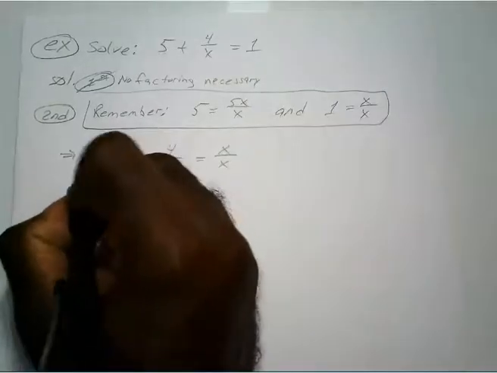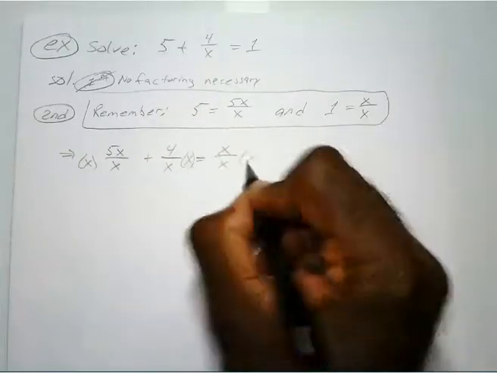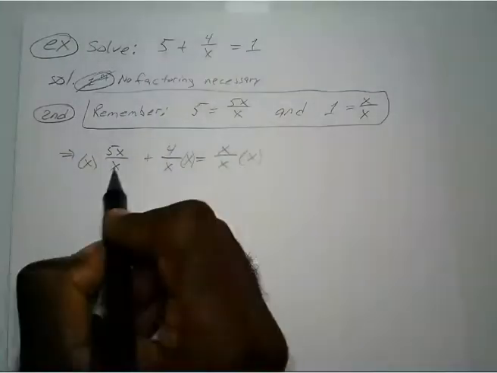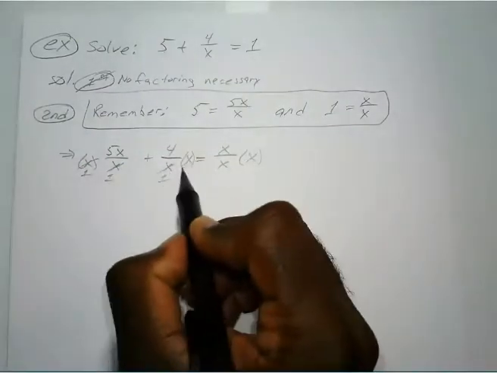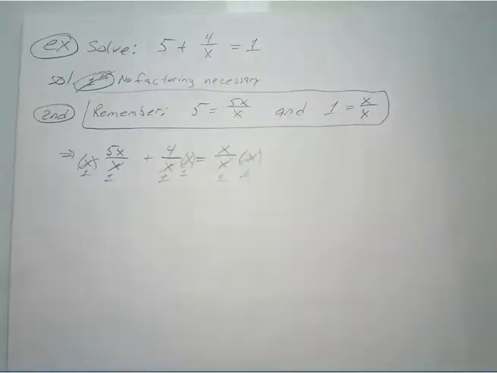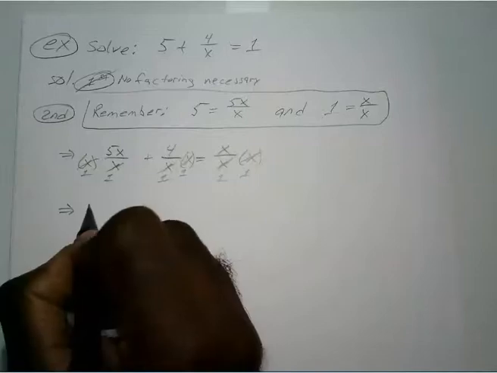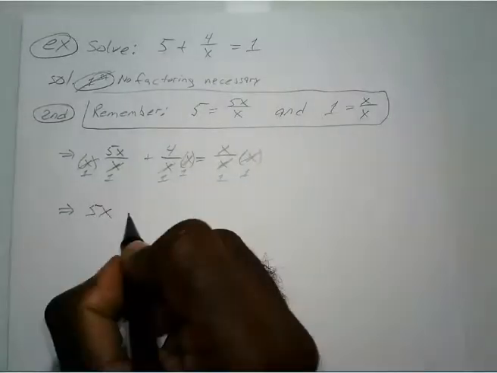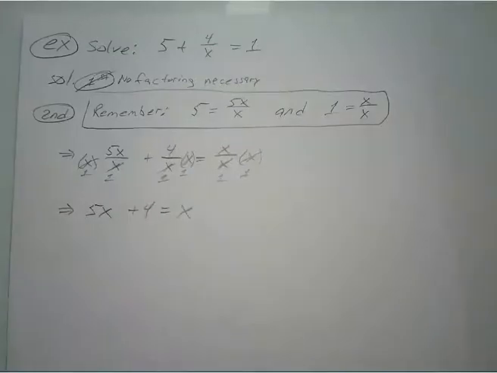So if we multiply this term by x, this term by x, and this term by x, these two will cancel each other out. These two will cancel each other out, and these two will cancel each other out. So you will be left with 5x plus 4 equals x.